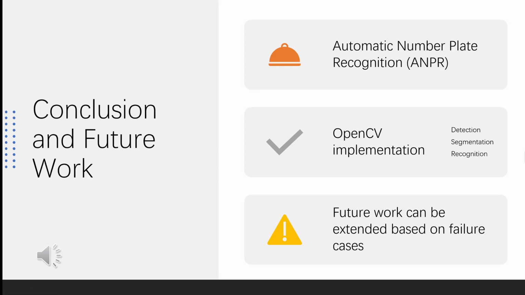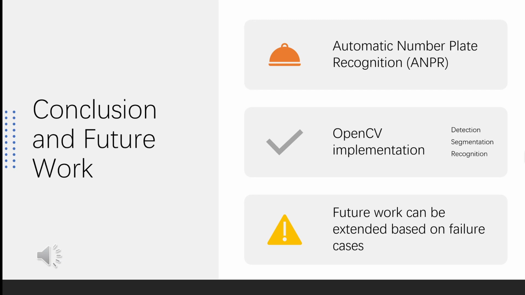This ANPR application consists of three main steps. The first one is license plate detection, which means given a photo of the car, the application will be able to detect the license plate from the car. The second step is called license plate segmentation. After the license plate is detected, our application can segment it from the entire image.